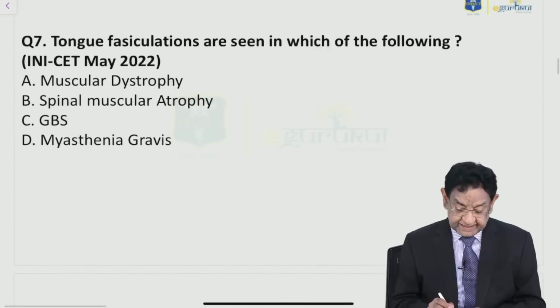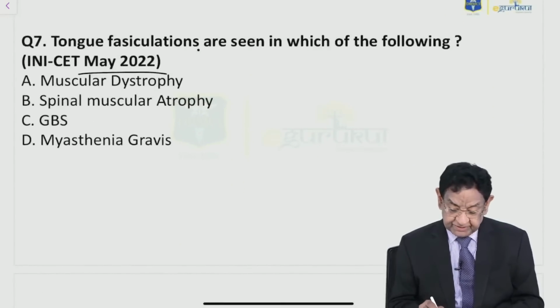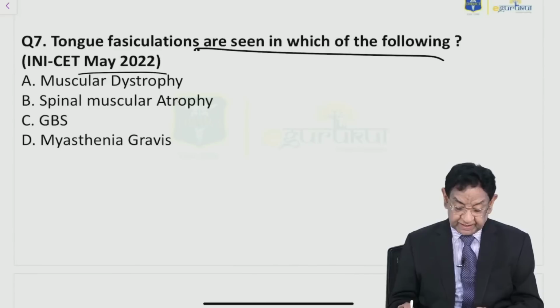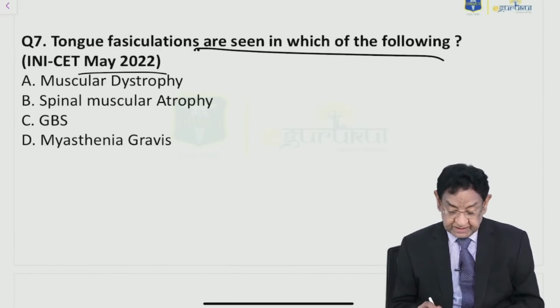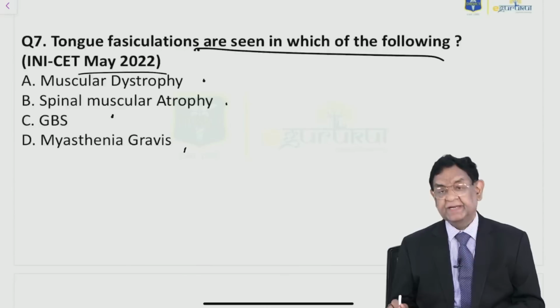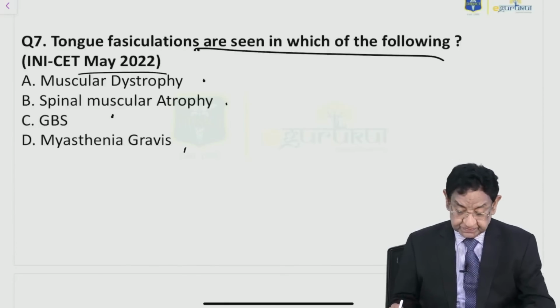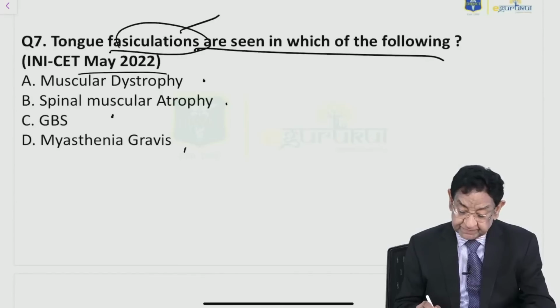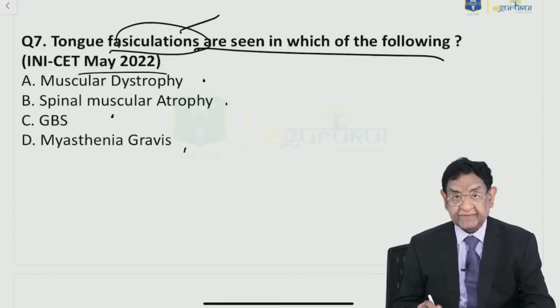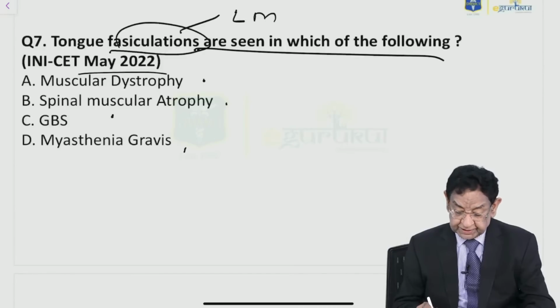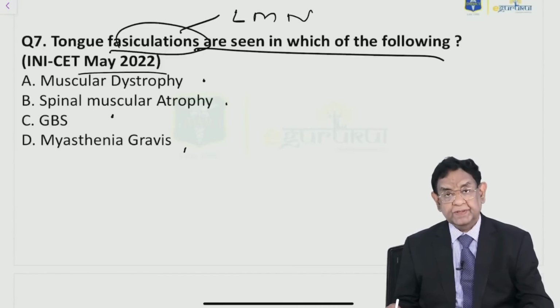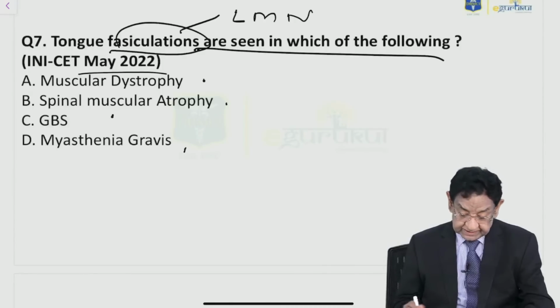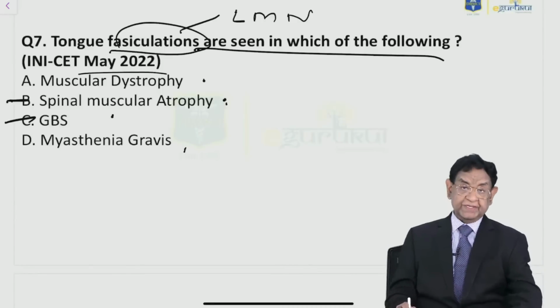Question number 7, INI CET question. Tongue fasciculation is seen in which of the following conditions? Muscle atrophy, spinal muscle atrophy, Guillain-Barré syndrome, and myasthenia gravis. Well, when we say fasciculation, we see this in any condition where we have lower motor neuron lesion. Well, this occurs in both these conditions, lower motor neuron lesion.